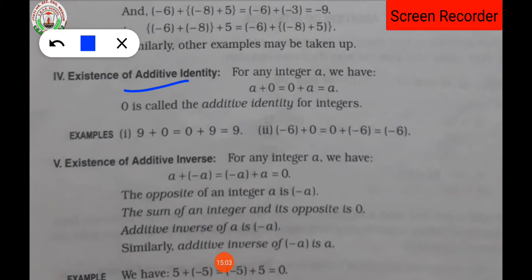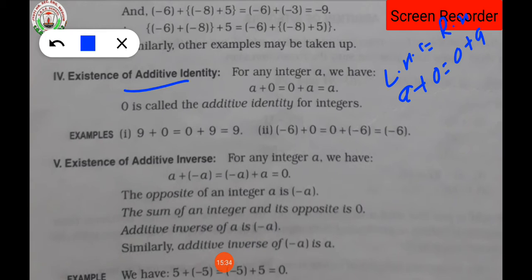Additive identity is a property in which, after adding zero, the number comes itself. Whatever the number you are having, after addition with zero the result will be the same. Suppose a plus 0 is equal to 0 plus a. Okay, this one is the LHS, this one is the RHS. Left hand side will be equal to right hand side.